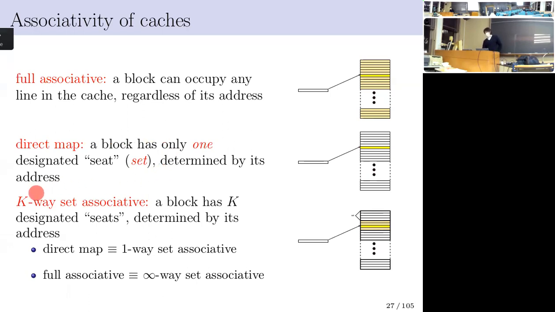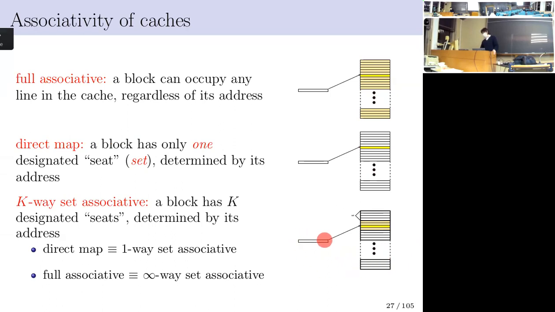So K-way set associative is more like the real cache. And as you can easily imagine, it sits somewhere between fully associative and direct map. Each block has some number of seats, or sets, it can enter, but it is determined by its address.